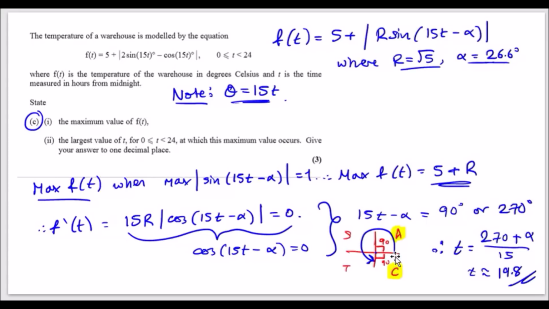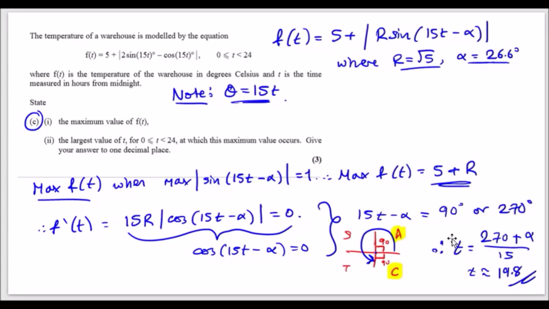So what I did, I just highlighted C and A because it's cos, and CAST just means all for positive values. And since we know the angle is 90, we could put 90 there, and I just went around to 270 because 360 minus 90 is 270. And that's it. This means that 15t minus alpha could be 90 or could also be 270. We want to maximize, so we want to use the 270 value. And then just solve for t.